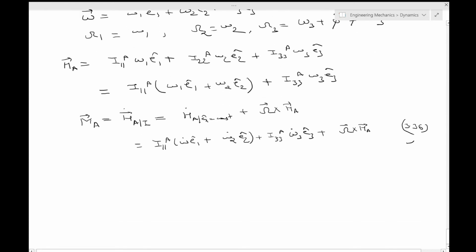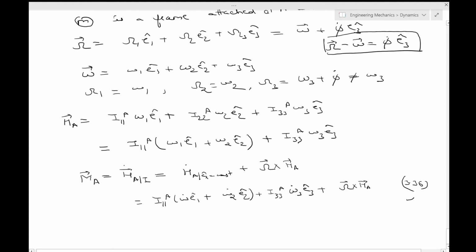Since a lot has been written about the moment of inertia and how the moment of momentum is related to the omega, you can see how we are writing everything in terms of I, the inertia matrix, for this study of dynamics. We can now also discuss what would be the kinetic energy representation.